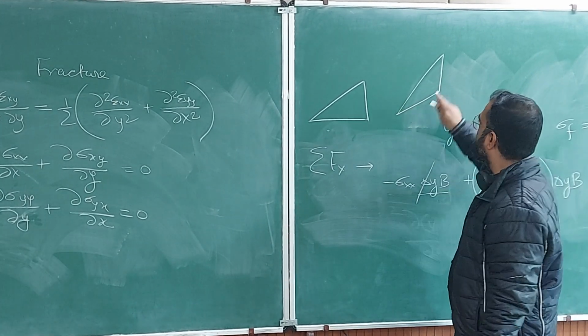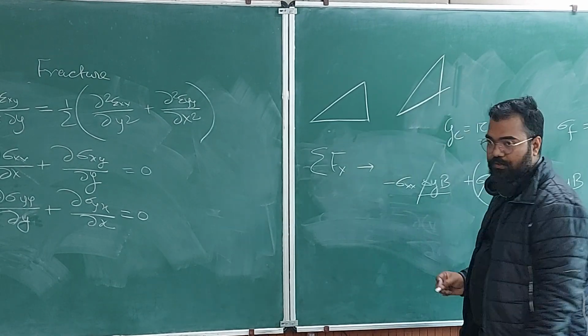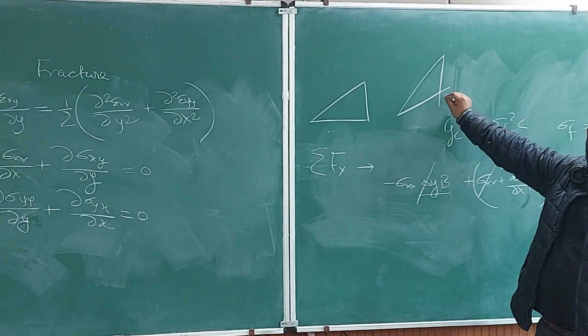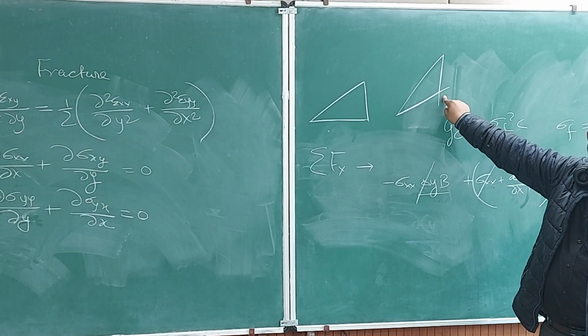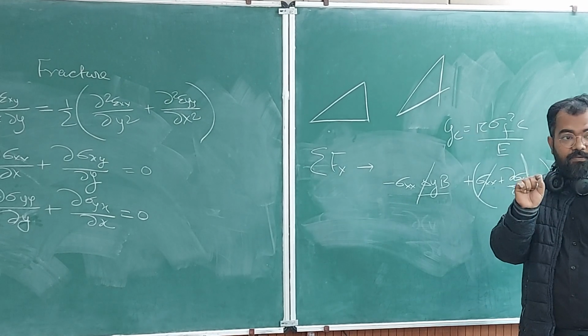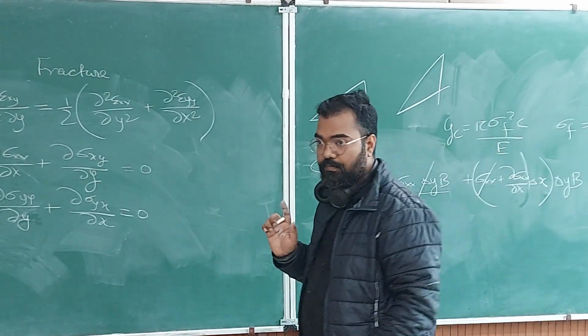If you don't, then this will deform like this and you will have an intersection. So those equations fulfill that. This should not happen. In the deformed state also, you must have connectivity. So this is what strain compatibility means.